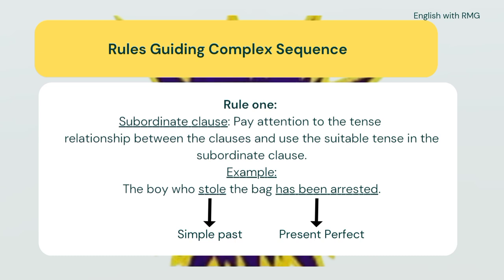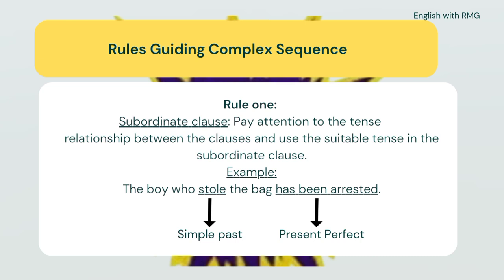And since the action that happened earlier, which is the stealing of the bag, is in the simple past, then the action that happened later in the past should be a present perfect. That is something that happened in the past, but is still relevant to the present time in which the speaker is speaking. So we have simple past in the first clause, then present perfect in the second clause.